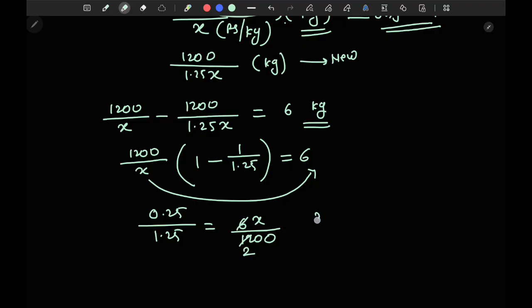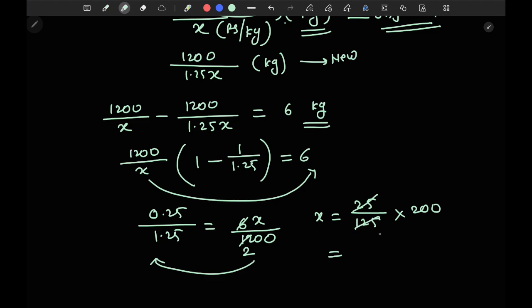There's no need to bring it here, we can only take out x here, so it's okay. I'll just remove the decimals, because after the decimal I have similar digits, 2 digits after the decimal. So I can write simply 25 divided by 125, and now this 200 is going here, so it will become multiplication, so 200. Try to solve this problem.